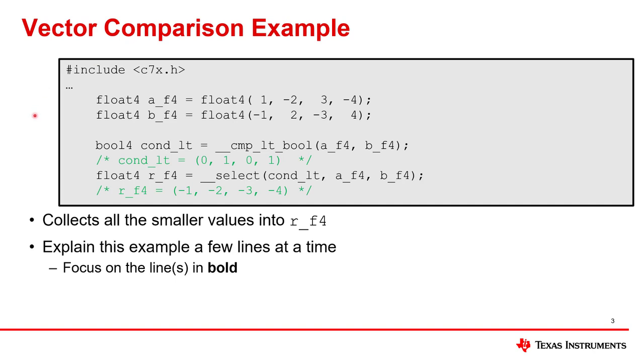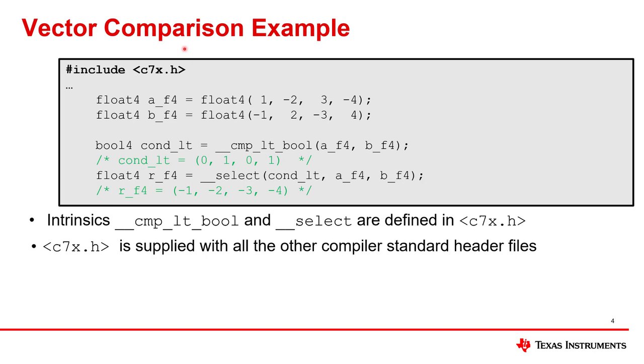What this code does is compare the two vectors, finally putting into the result vector all the smaller values. We're going to explain this a few lines at a time. For the next few slides, you're going to see a repeat of this code, but one or more lines are going to be in bold, and those are the lines that we'll be talking about during that slide.